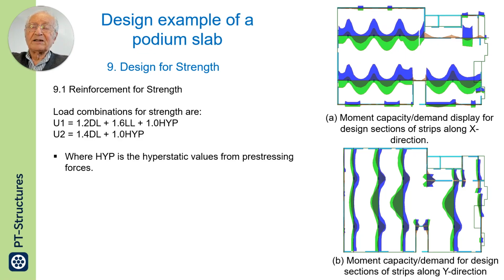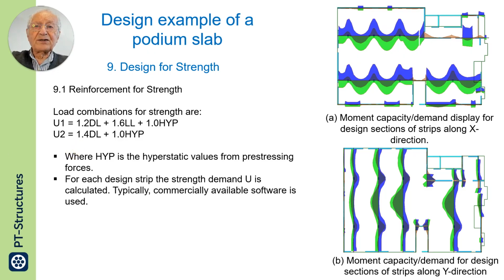Most engineers and ACI use load balancing, and this is a requirement in load balancing. There are other methods where you do not need to switch between hyperstatic and PT. You can use PT here also. That is explained in another presentation of this series.